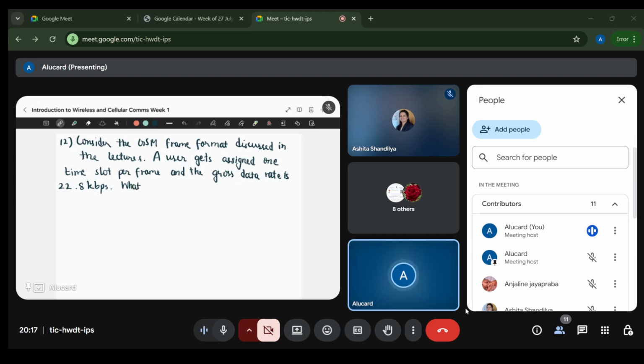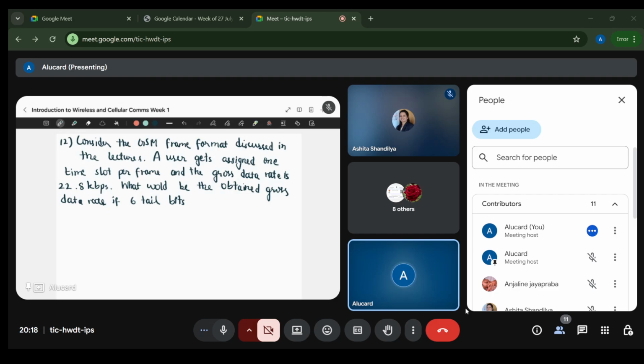Now here the change is they want us to calculate the gross data rate if the six tail bits are used for data. There are three tail bits in the front of the data and three at the end.